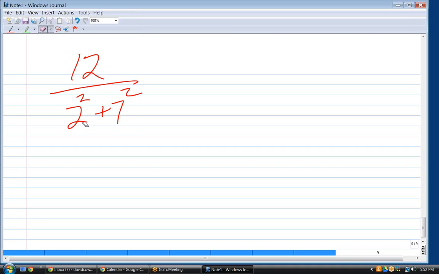I always forget, they're roots. So the square root of 2 plus the square root of 7? Yeah. Like that? Yes. Okay.